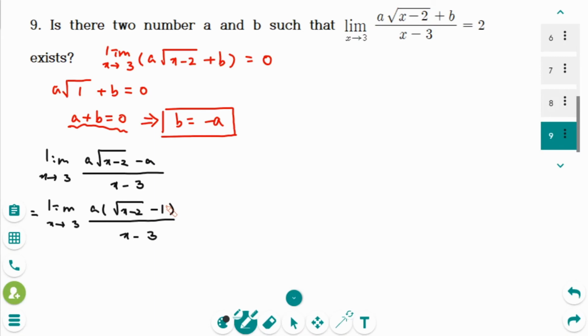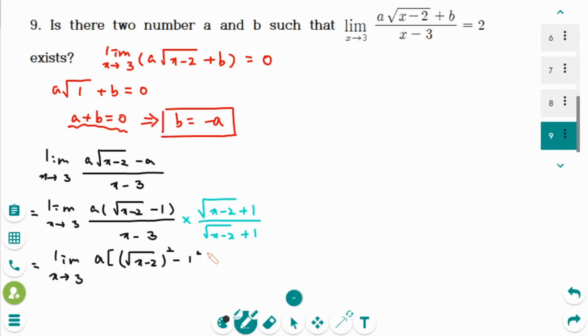Multiply the conjugate of the numerator on each side. So times (√(x−2) + 1) over (√(x−2) + 1). The limit as x approaches 3, so expand the numerator: √(x−2) squared minus 1 squared over, don't expand the denominator part, (x − 3)(√(x−2) + 1).